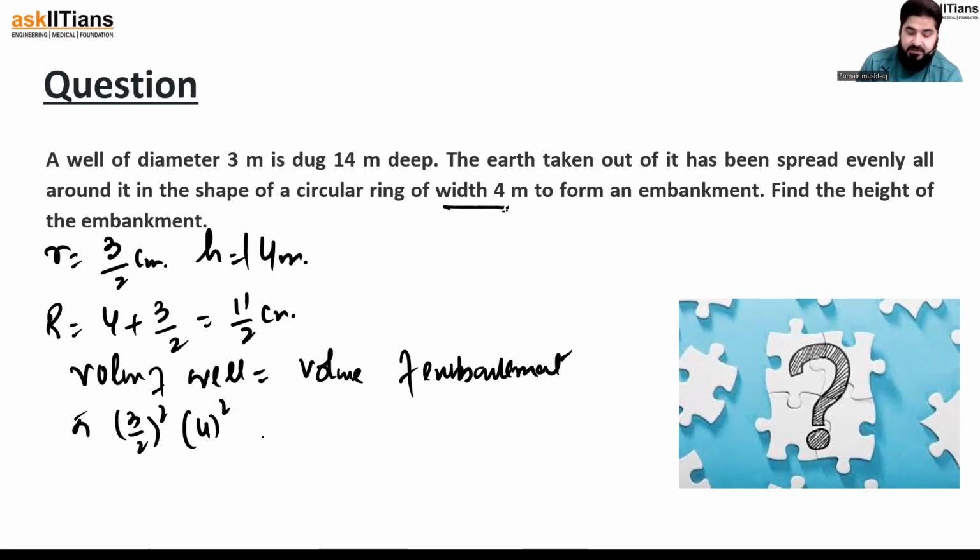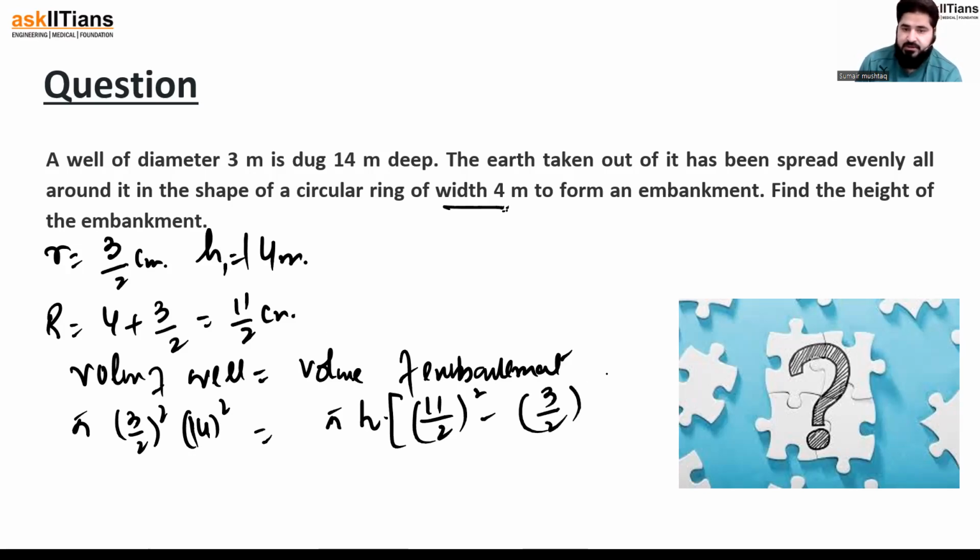This is equal to pi times h, what is h? Height of the embankment, I don't know. Let us suppose this is h1, multiplied by the outer radius, that is (11 by 2) whole square, minus the inner radius, that is (3 by 2) whole square. Right? This and this will be cancelled.